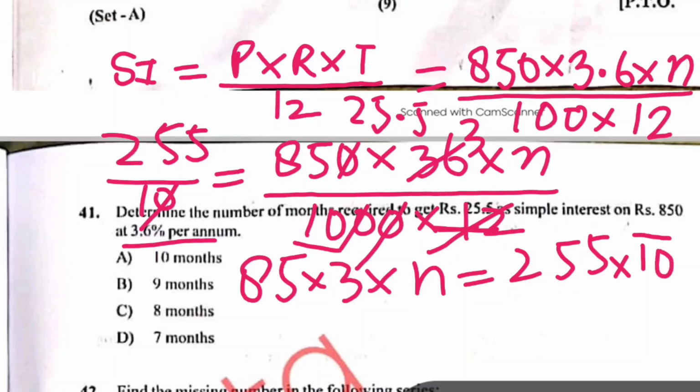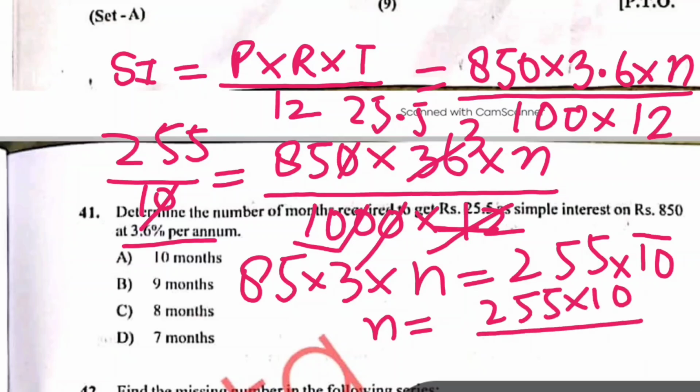So we will get 255 into 10 upon 85 into 3. Solving, 3 ones are 3, 8s are 24, then 3 5s are 15, so 85 gets cancelled, so we get n, the number of months required.